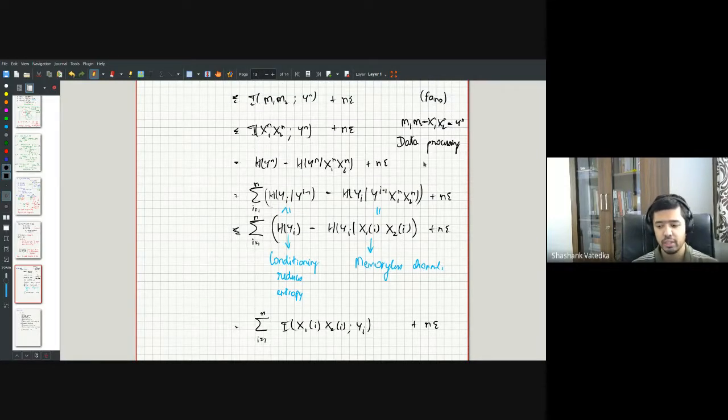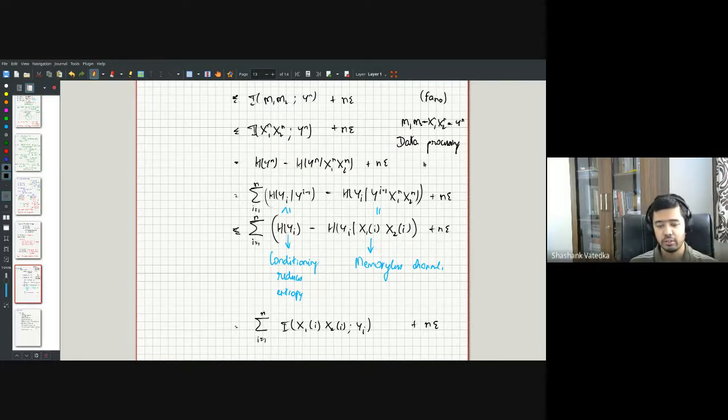Note that in any converse proof, these are generally the main steps that you will use. You'll use Fano's inequality to get rid of some of those conditional entropy terms, and then you typically use the data processing inequality so that instead of mutual information between a message and the received signal, you have mutual information between input of the channel and output of the channel.